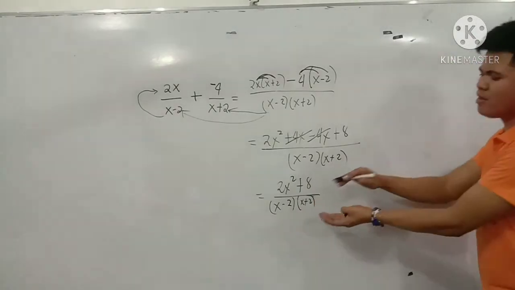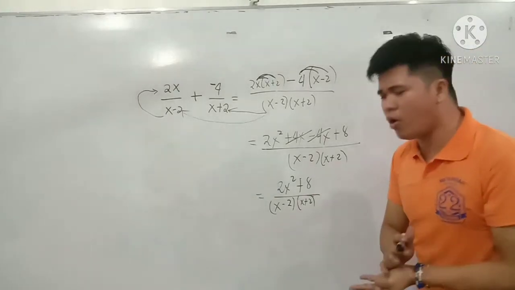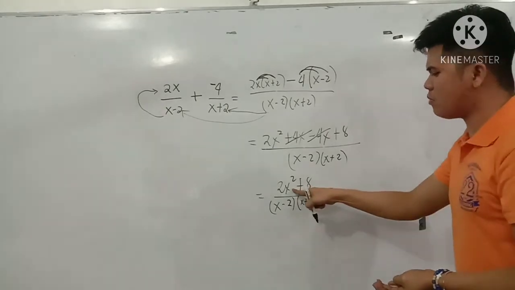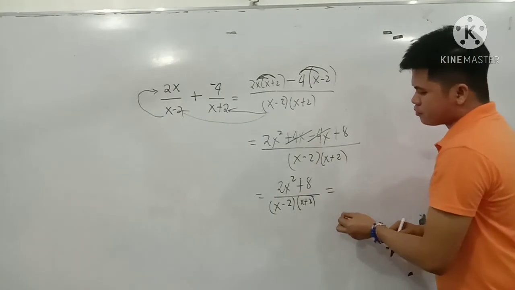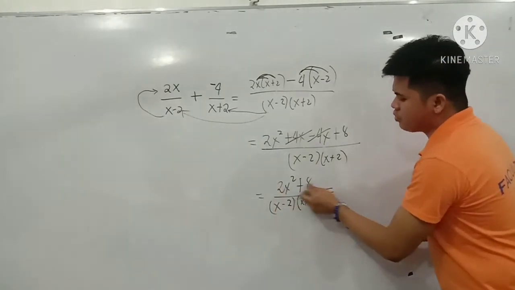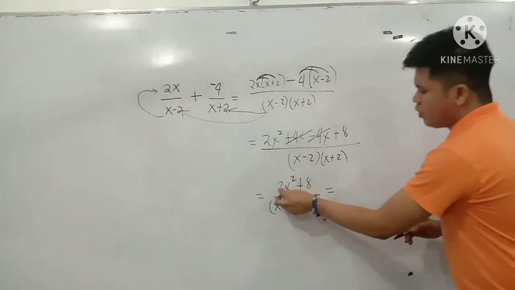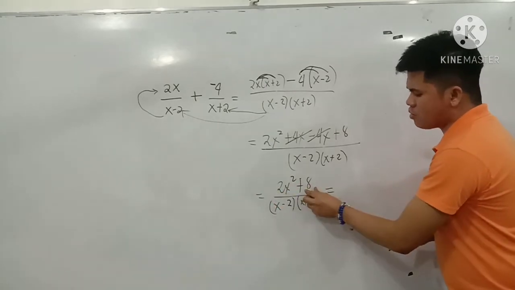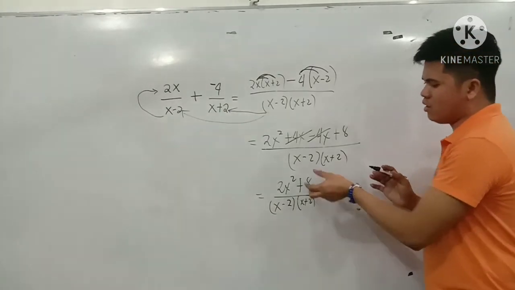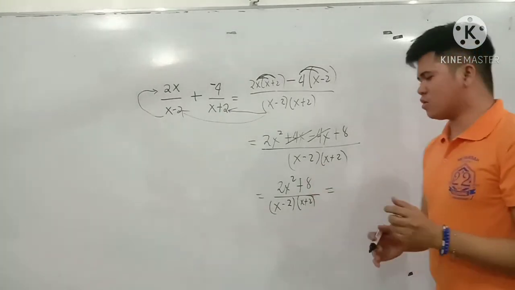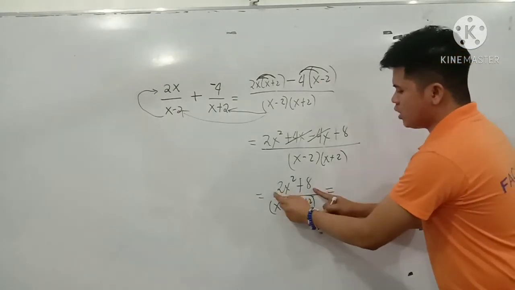Then, this is not the final answer. It is because our numerator is not in its simplest form. So we have to rewrite first the numerator into its lowest term. So, observe. Are the terms of the numerator both perfect squares? No. 2x squared is not a perfect square number. At the same time, 8 is not a perfect square number. So that means we cannot factor this by the difference of two squares. We can't use that. But by using common monomial factor, we can factor this numerator.